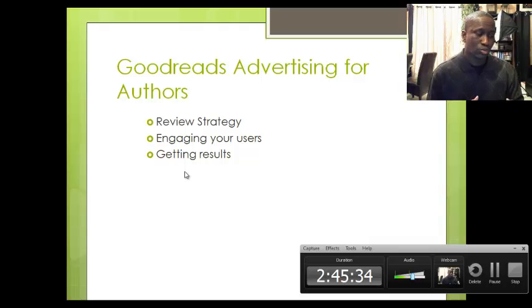Make sure you go back to that worksheet, and I encourage you to take the next step. Now that you know what your objectives are, now that you know what you want out of Goodreads, make sure you take that next step and implement your action plan as you highlighted it on the worksheet, or follow the steps that we talked about here on these videos.